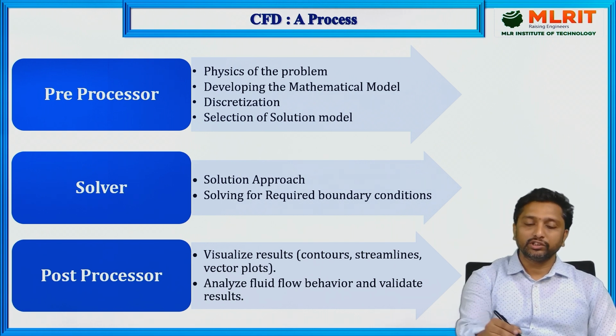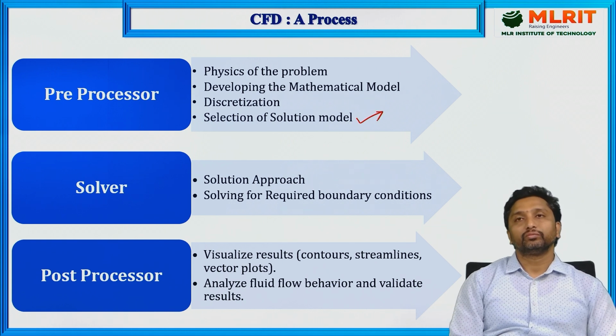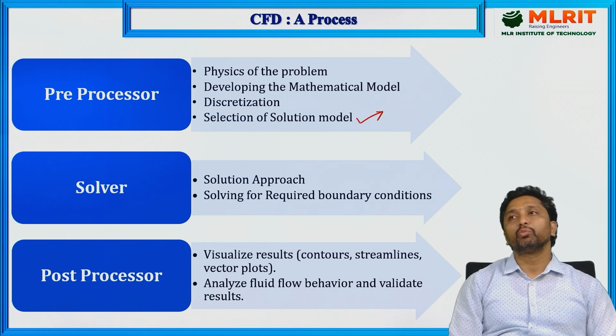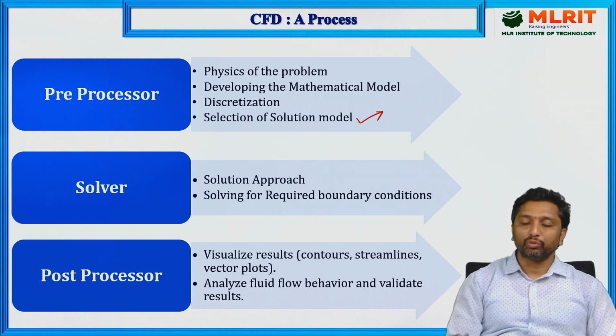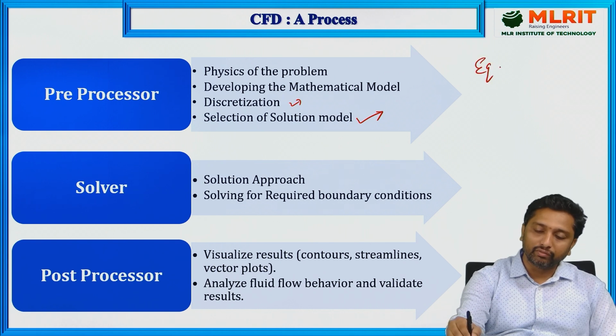Once the discretization is carried out, then we set out to the solution model. What type of solution model has to be there? That will be based upon the discretized equations. Discretization will always have the equation.